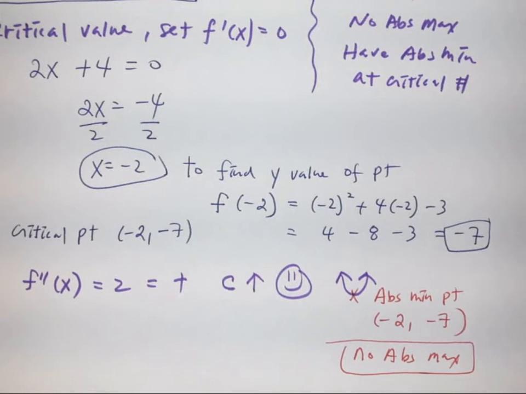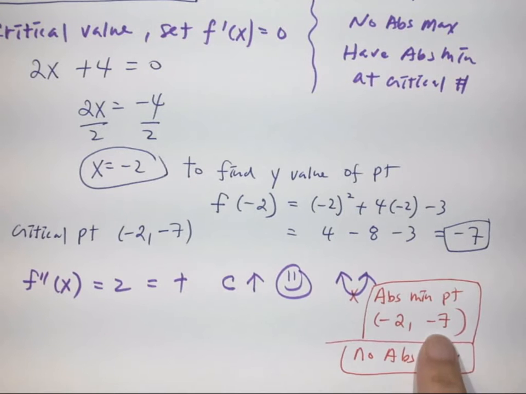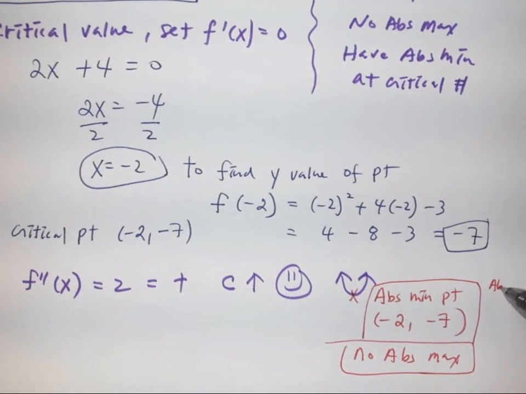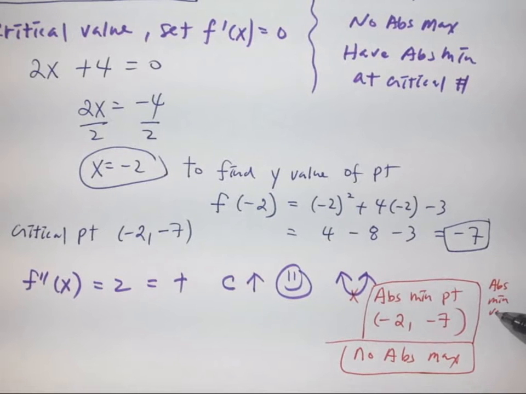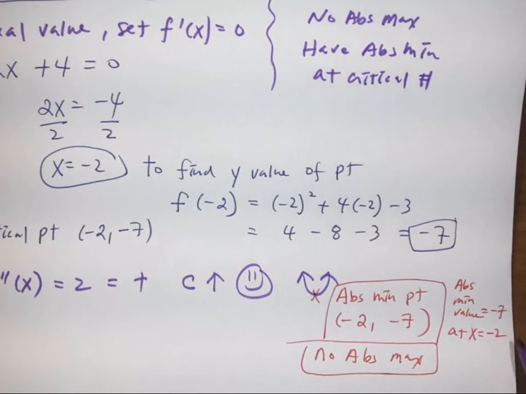It depends on how your homework wants you to write it. This is the point, or you can say absolute minimum value equal to -7 at x equal to -2, or you can put it in the form of f of x equal to y.